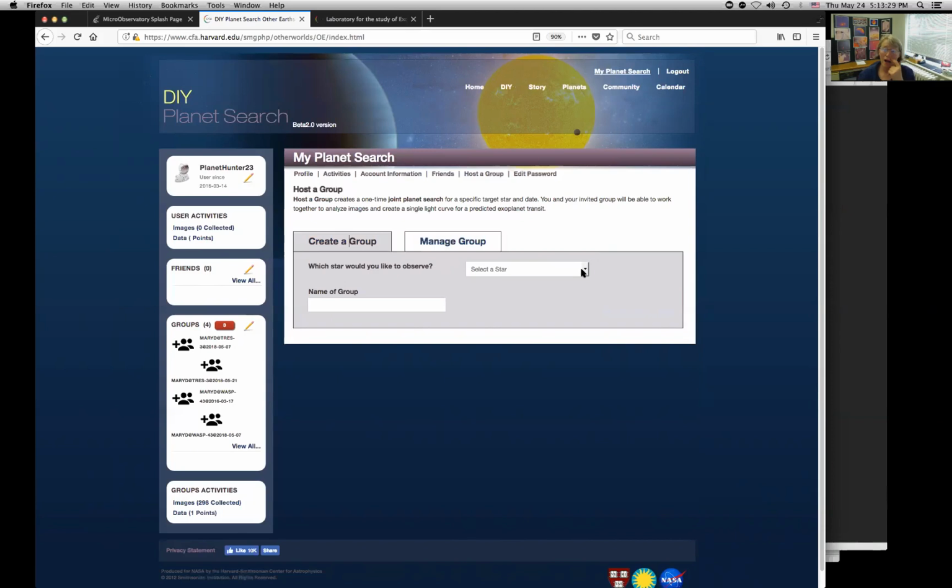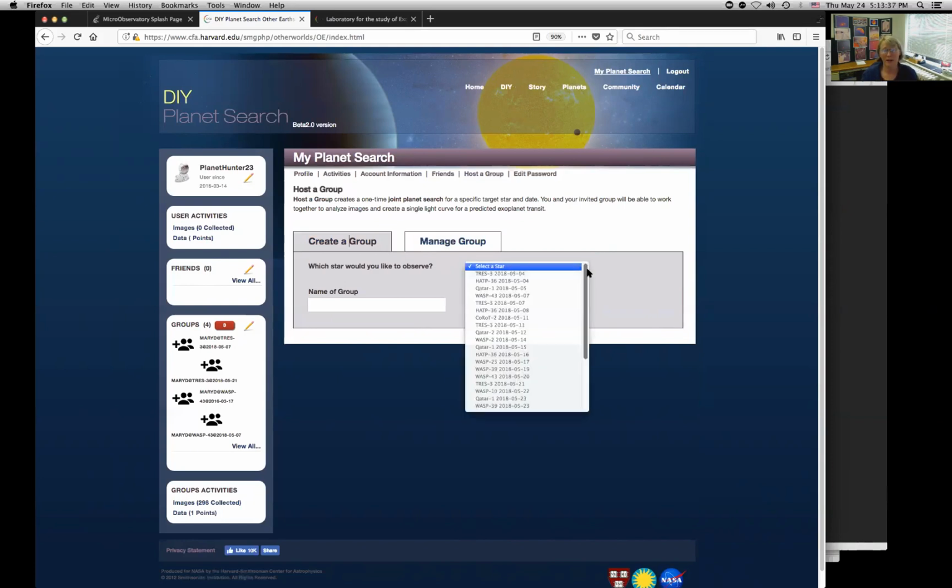The way you create a group is by selecting the star that you want your group to work on together. And when I click on the pull down list, you have available to you all the stars from the current month.